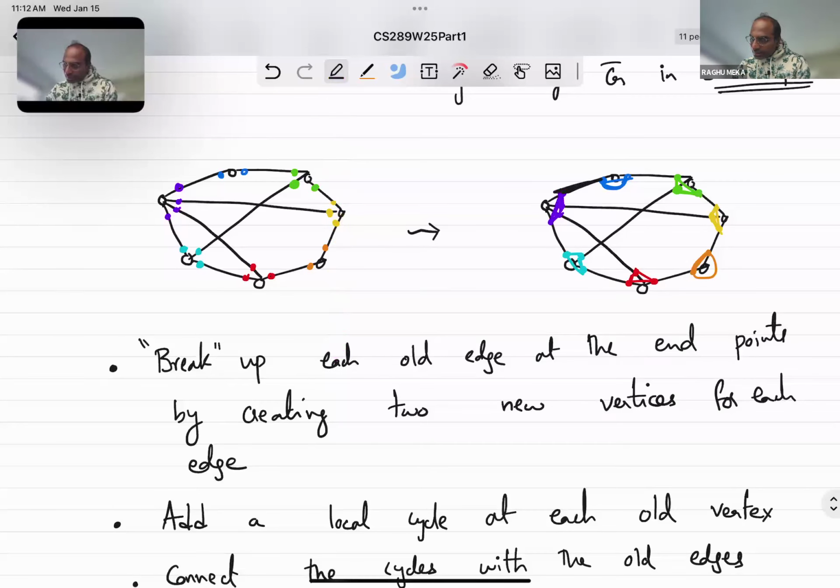So like, the cycles are themselves connected by these edges.